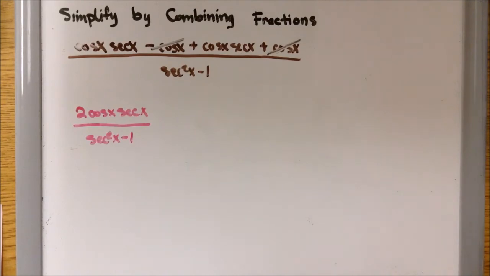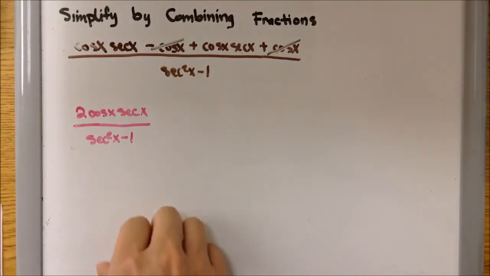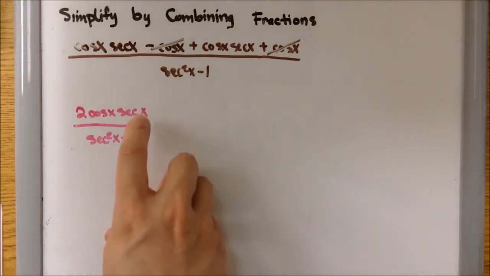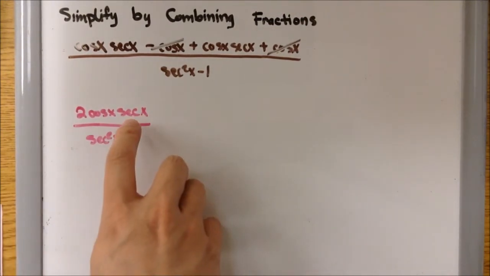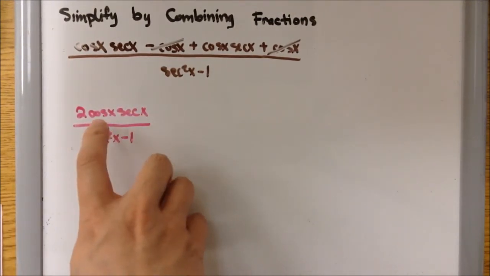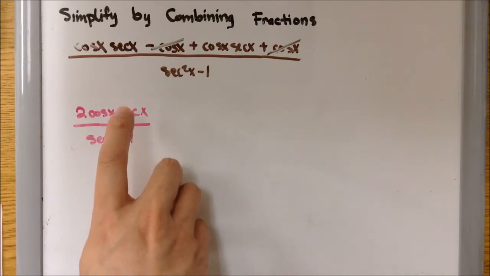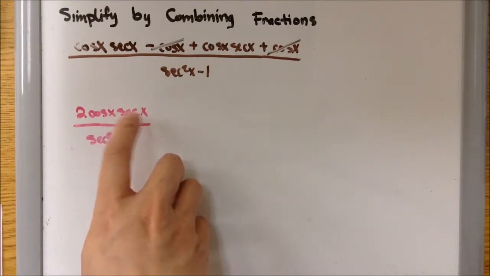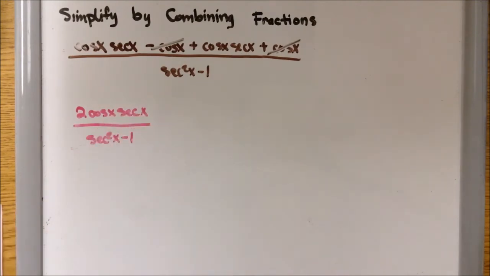Now, here I want to stop because I remember that there is a relationship between cosine of x and secant of x. Secant of x I can rewrite as a reciprocal of cosine of x using the reciprocal identity.